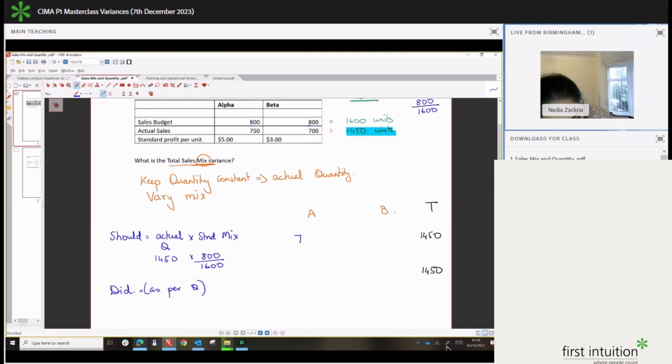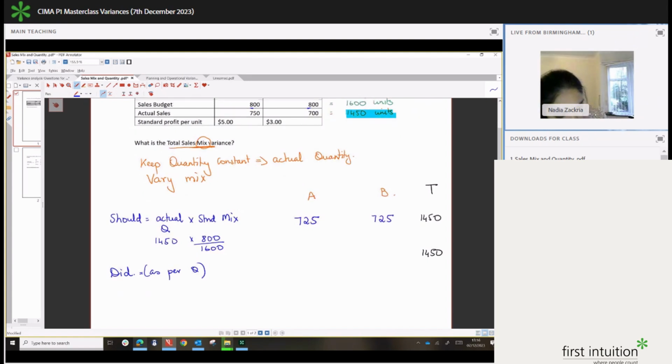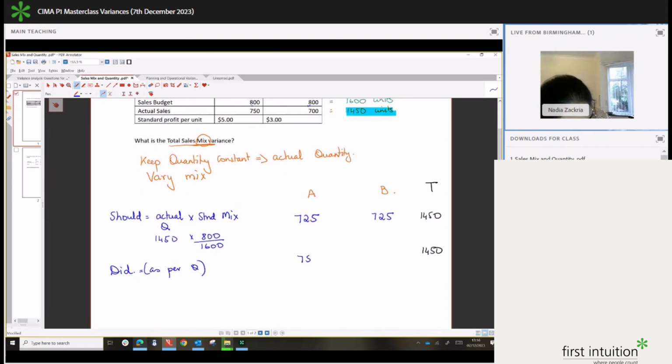Which means, according to our original recipe, we should have only sold 725 units of A and 725 units of B if our total quantity budgeted to sell was 1,450. That is our flexed budget. How much did we sell? We sold 750 of alpha and 700 of beta.